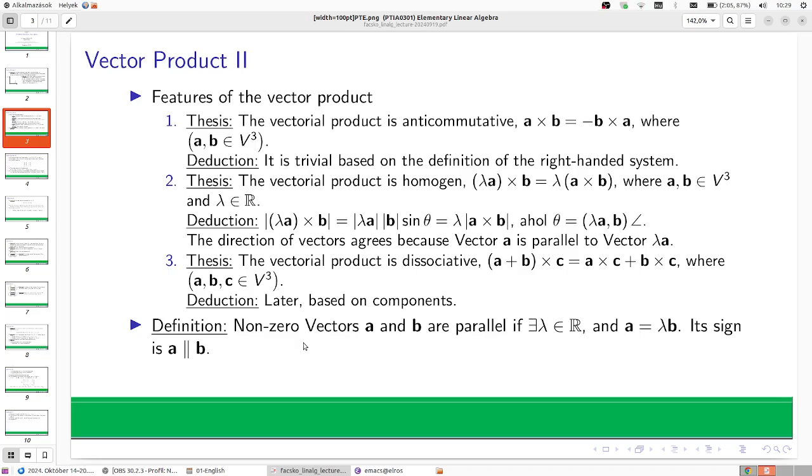It's quite easy to prove. The direction is fine, because if you multiply a vector by a scalar, then the direction will be the same.